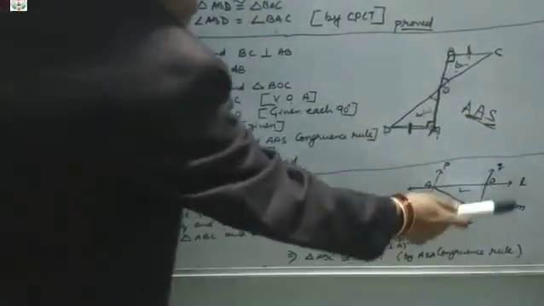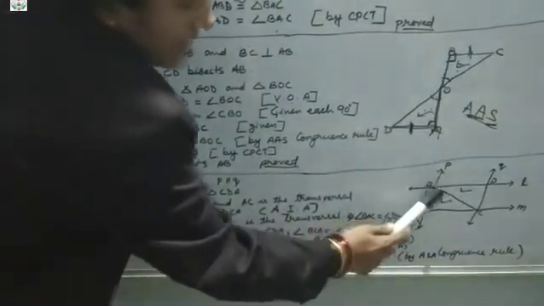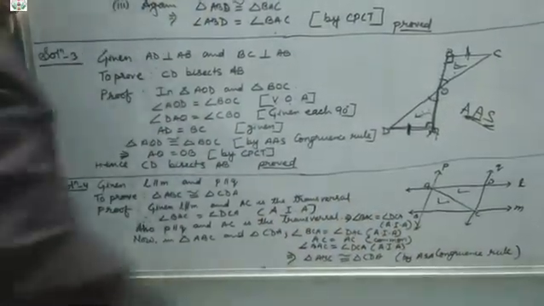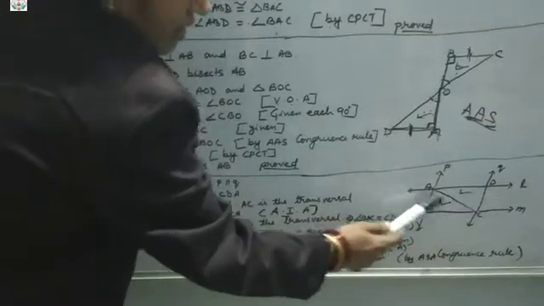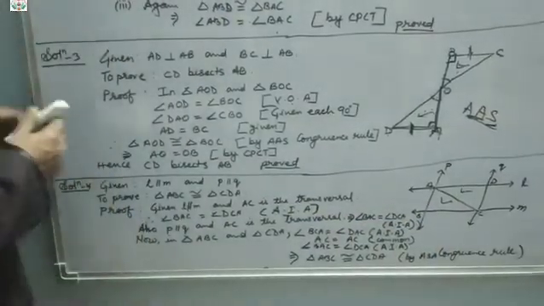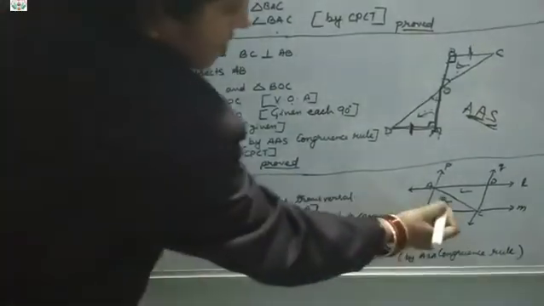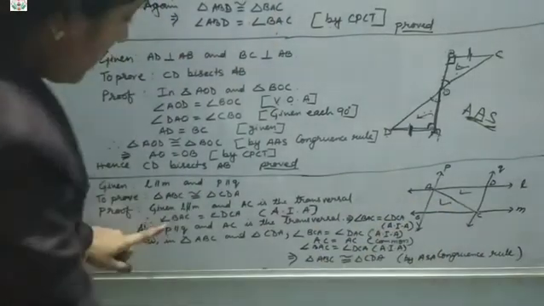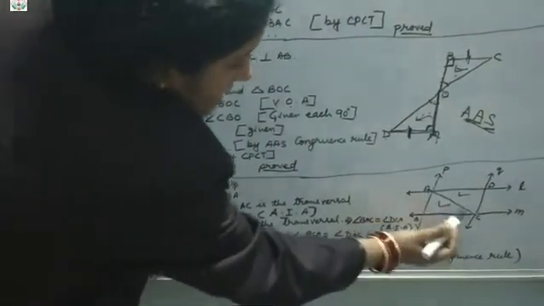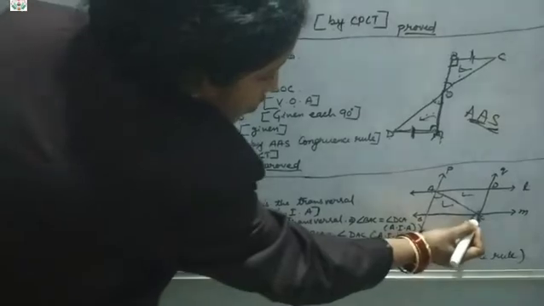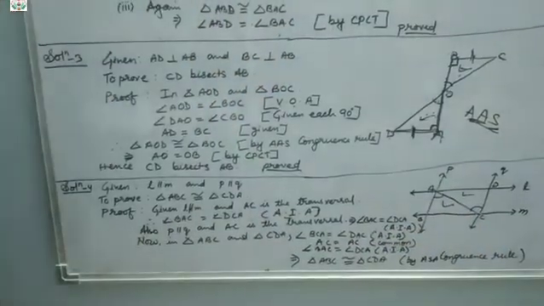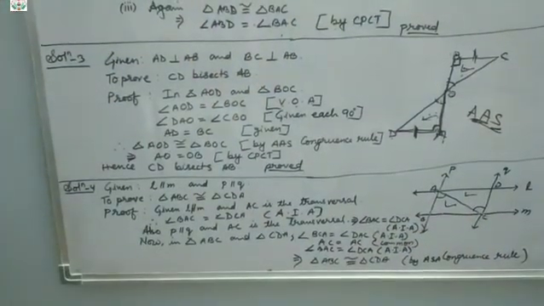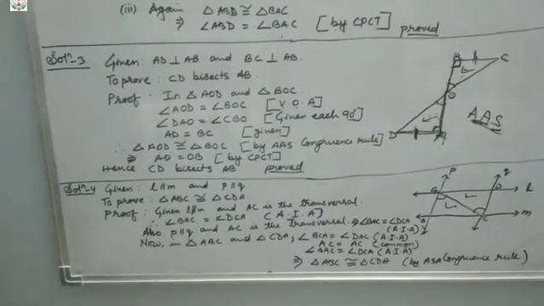So if L and M are parallel and AC is the transversal, then this angle BAC will be equal to this angle. Yes or no? Because they make a pair of alternate interior angles.